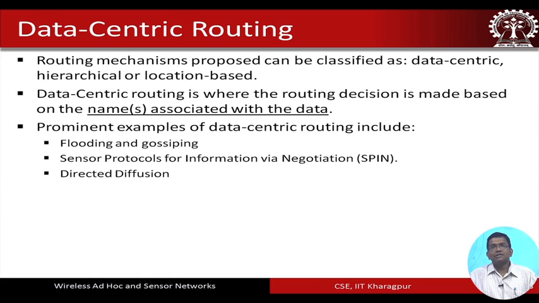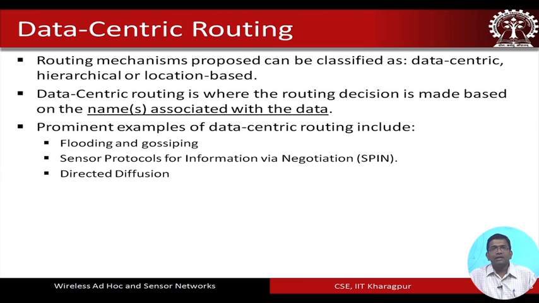So, we have data centric routing protocols, which basically use the data centricity that is inherent to sensor networks. As you have seen, when we talk about sensor networks, it is all about sensing data, sending data, handling data and so on. So, it is all about data exchange between different nodes.